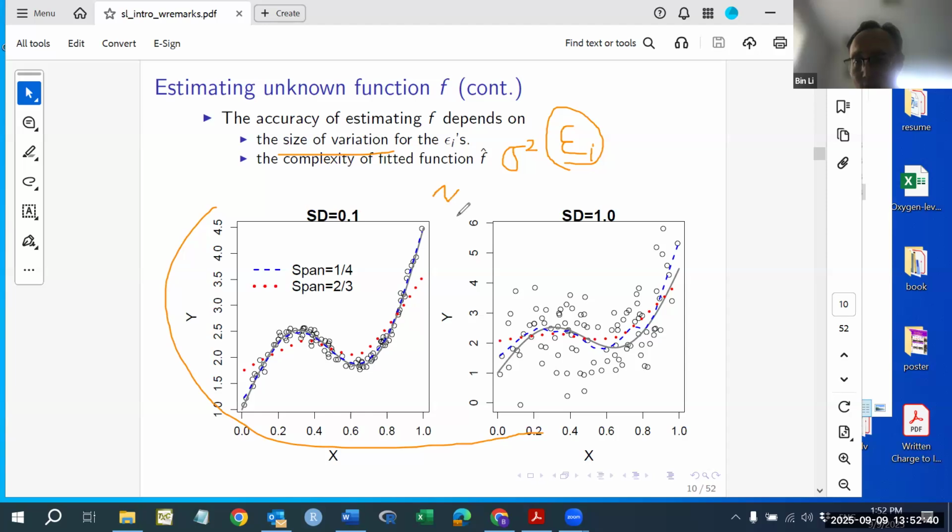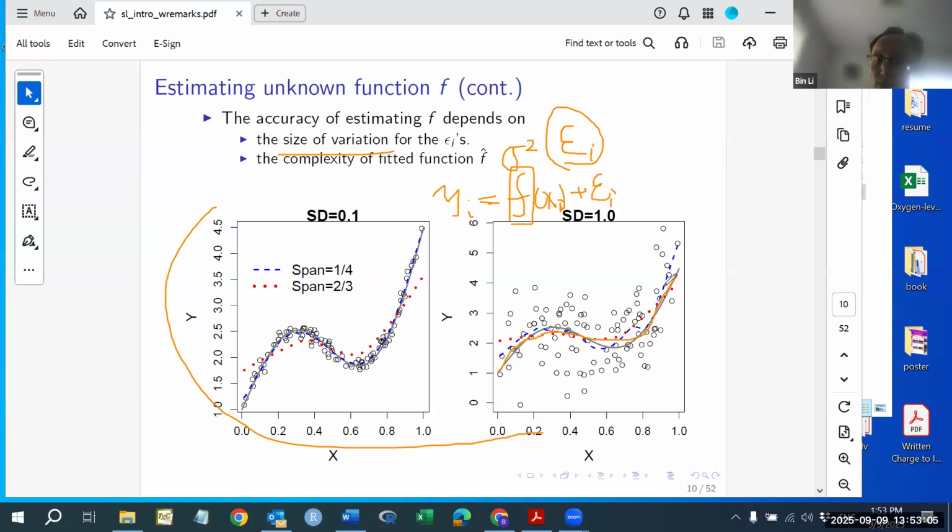Okay, so this is generated by a simulation study. y_i equals f(x_i) plus epsilon_i. And this f is a nonlinear function, which is this curve. Obviously, it's not linear, right?